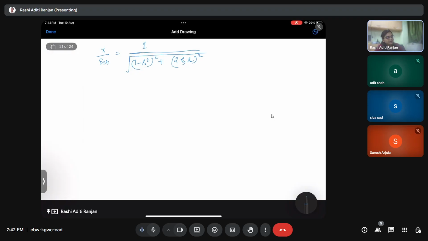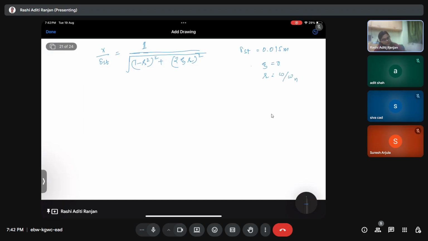We have the value of delta static as 0.015 meter. And we need to find out the value of r. Eta we already know is equal to 0.